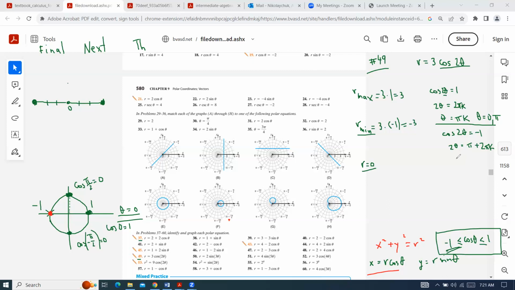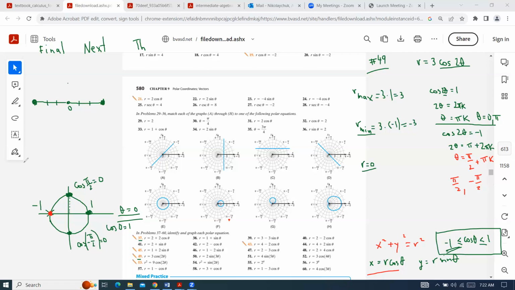And when I find the angle dividing by 2, I get pi over 2 plus period pi k, right? So what are the values? Well, it's going to be pi over 2 and 3 pi over 2. Or if you wish, you can put -pi over 2. It may be more convenient for graphing, but it doesn't matter.